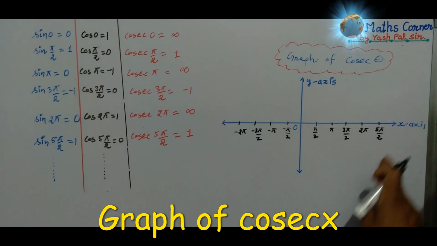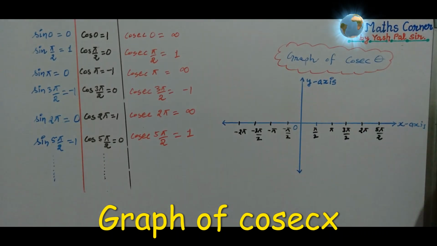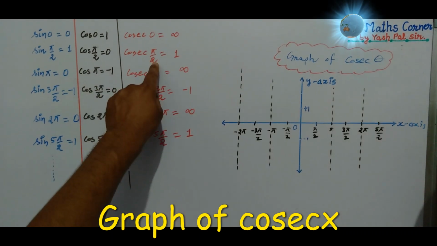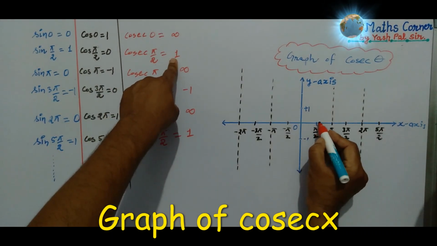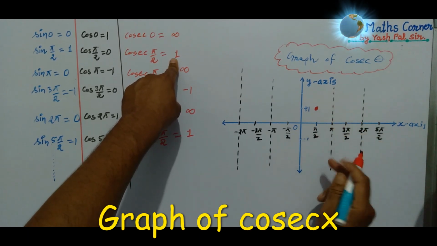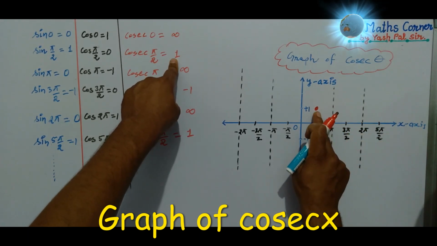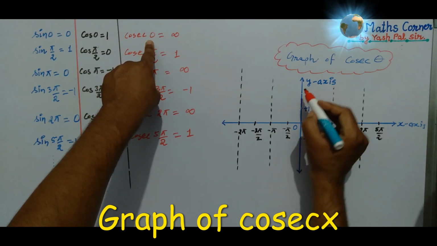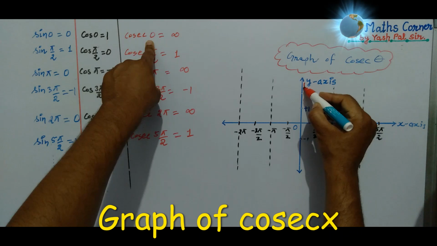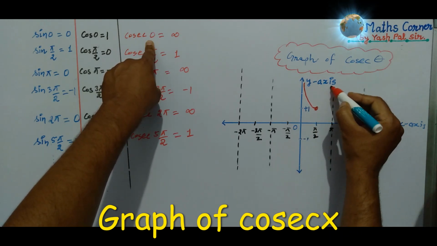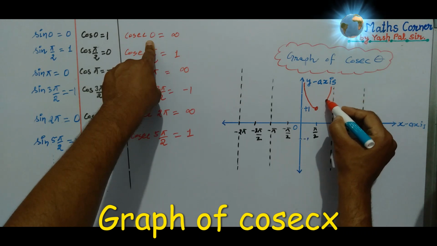In the coordinate system of axes, first of all, we see that cosecant pi by 2 is 1. So this is the point from where the graph will pass. Cosecant 0 is infinity. So here 0, it means this will not touch the y-axis. Just like this, we shall have the graph.